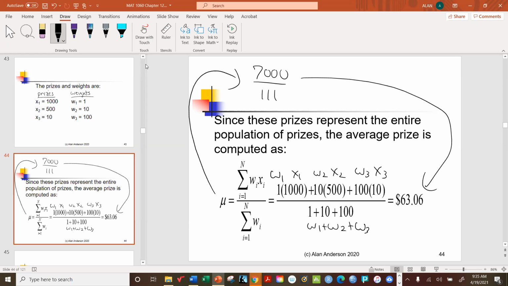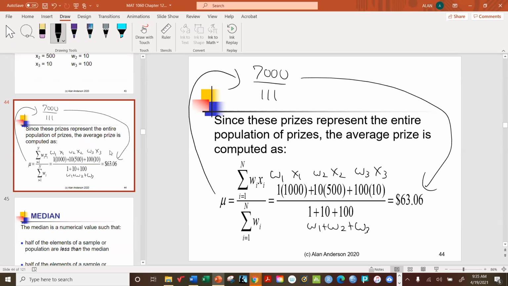Now, there's a classic example I'd like to show you of when weighted averages are used, and you may not have noticed this going on behind the scenes. It turns out that at the end of the semester, when they calculate your GPA, that's also the result of a weighted average.